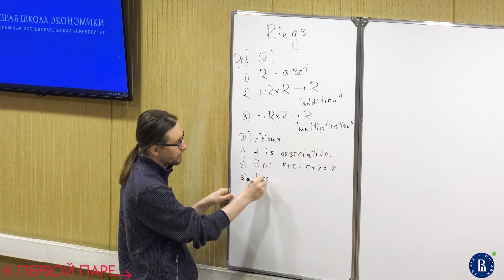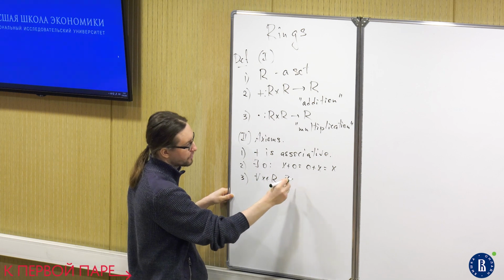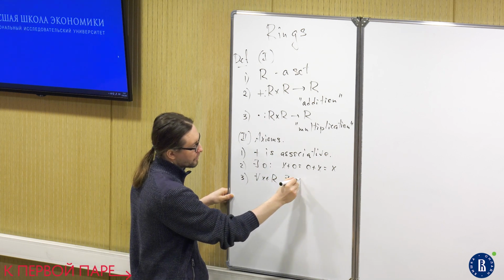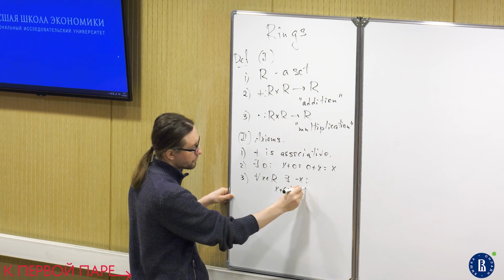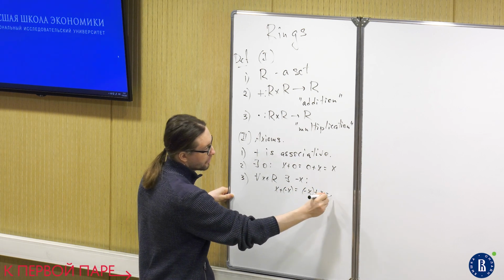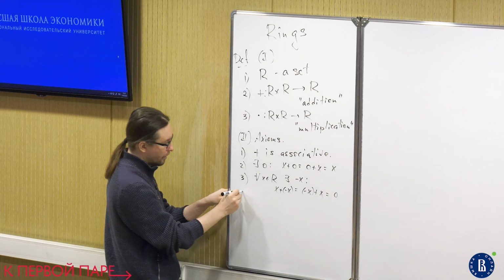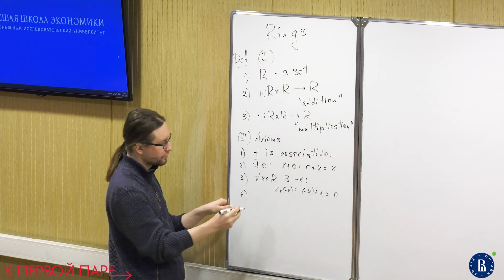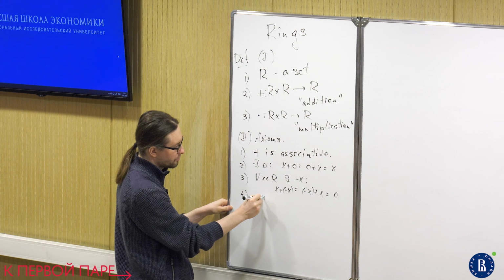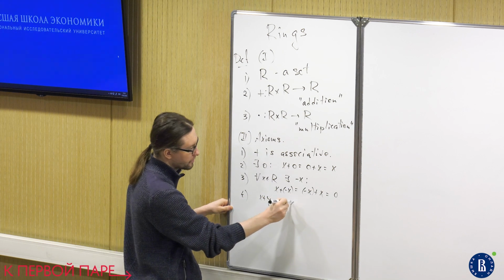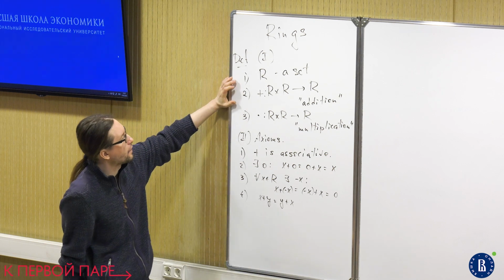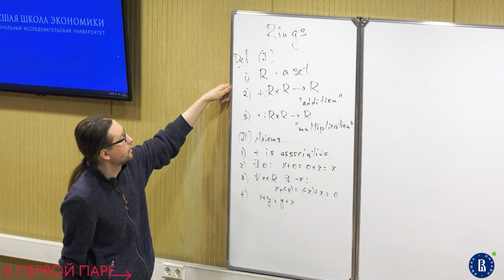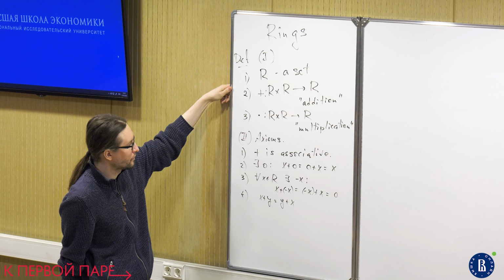So for every element x in R, there exists an element minus x, such that x plus minus x equals minus x plus x equals 0. And addition must be commutative. So x plus y equals y plus x. So these are four axioms for the addition.